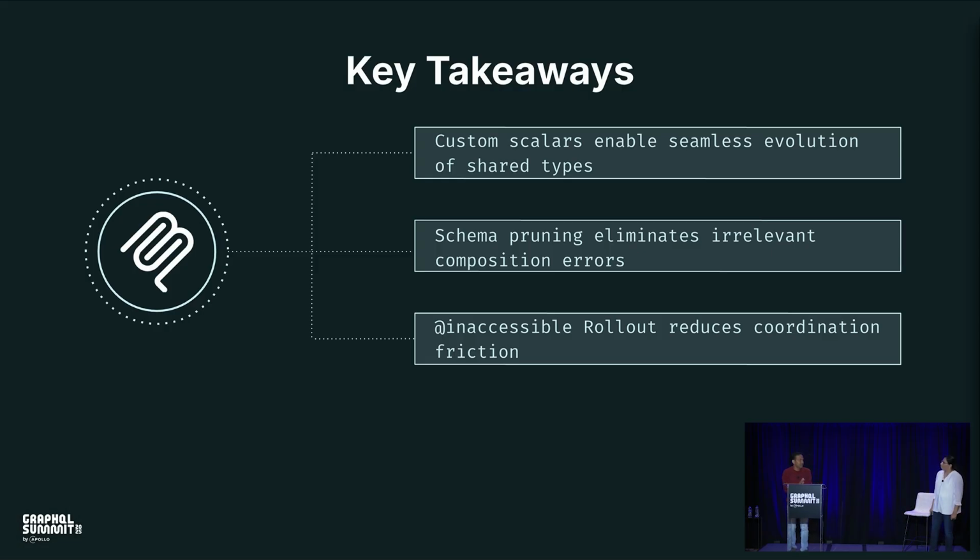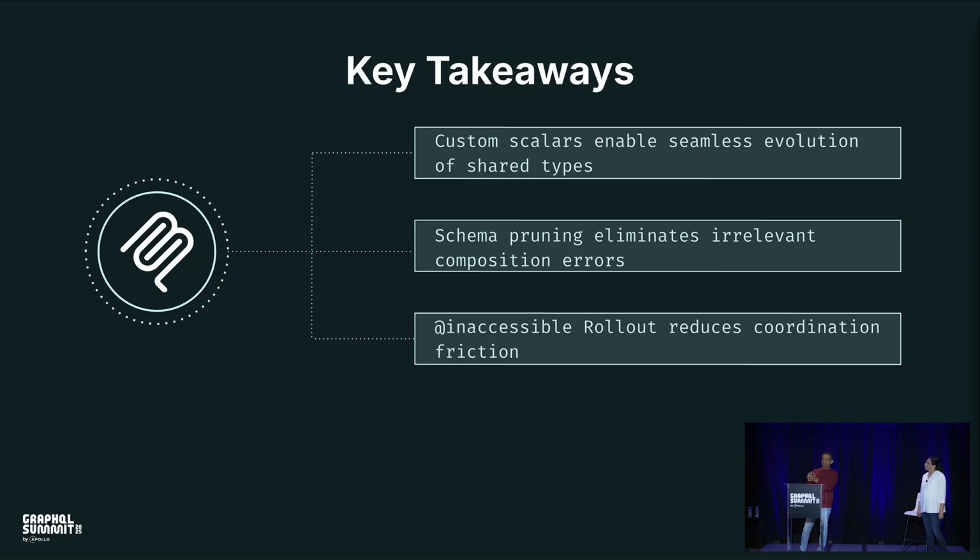So the key takeaways for us. Use shared types in a federated GraphQL schema. This will help represent the same concept using a consistent type across all subgraphs within your supergraph, and shared types avoid work duplication.